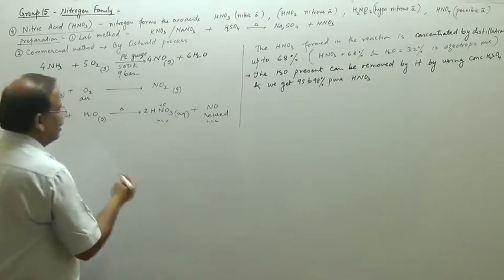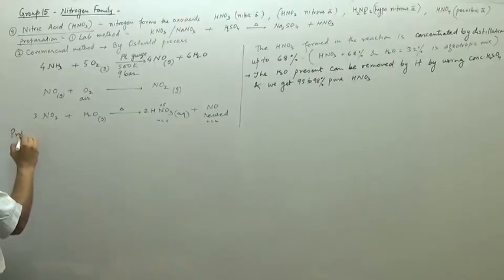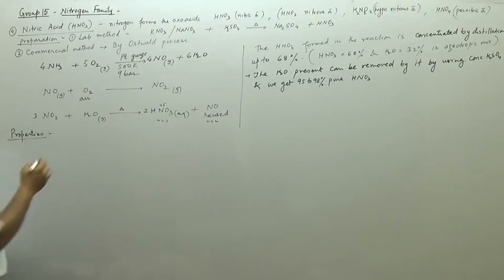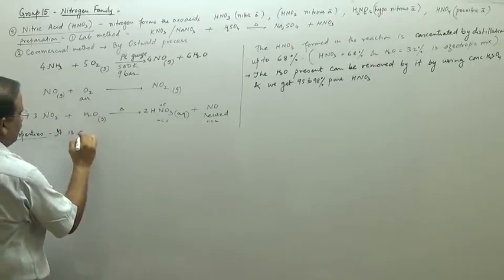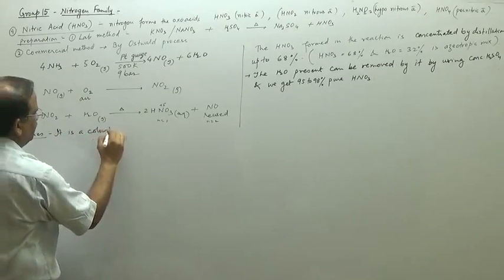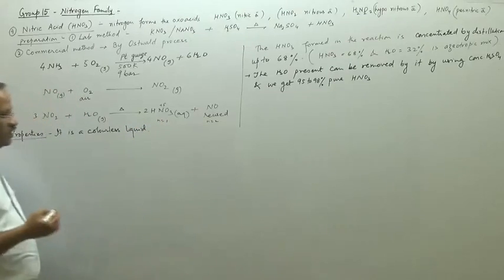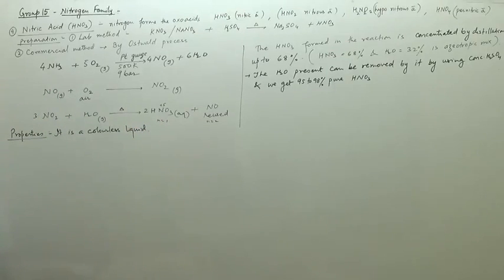Properties of HNO3. It is a colorless liquid, obviously HNO3 is a colorless liquid. Freezing point of 231 and boiling point of 355.